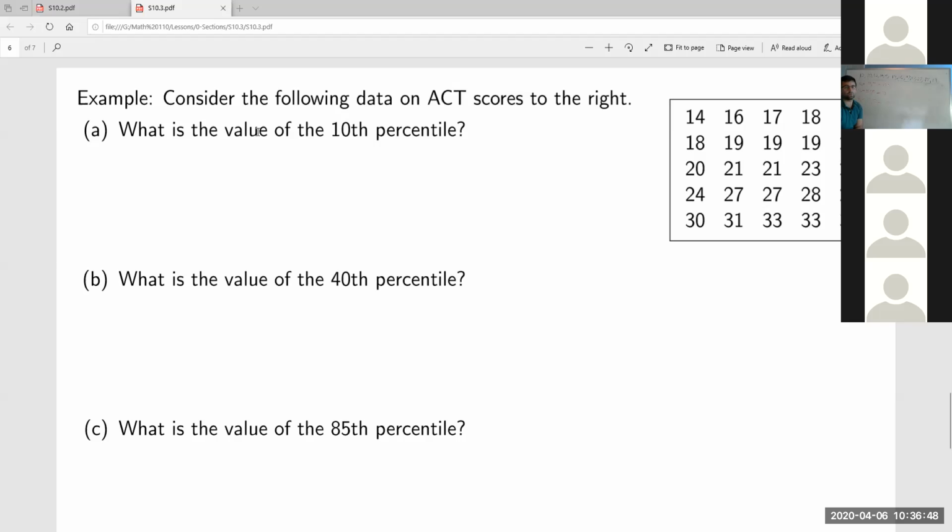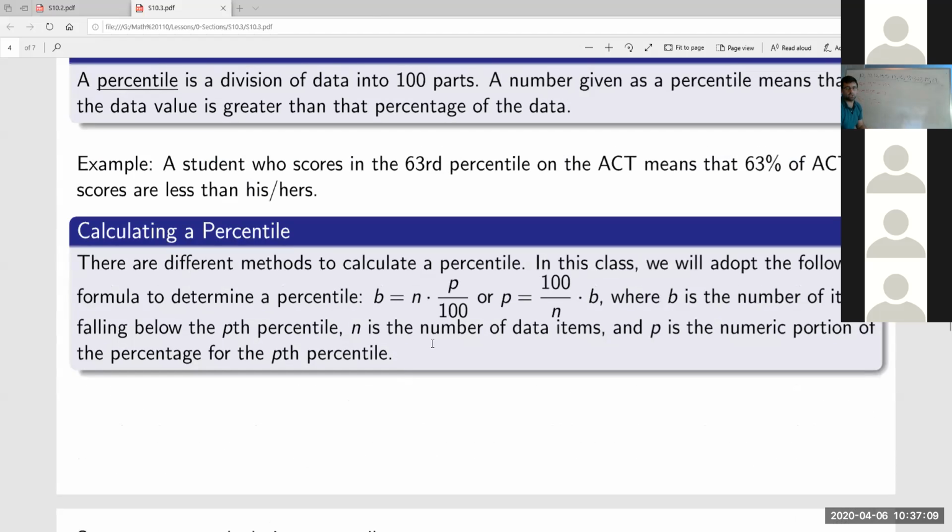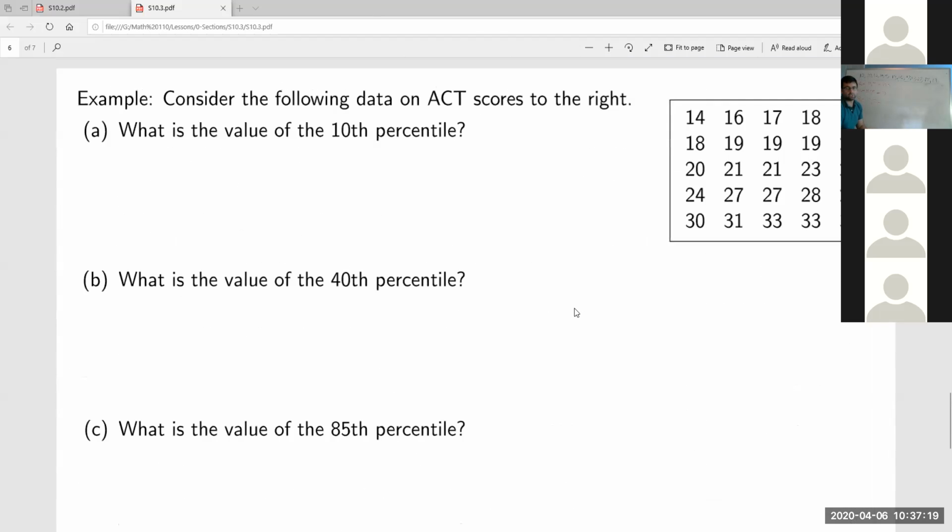So consider the following data on ACT scores. What is the value of the 10th percentile? Okay. So looking at our equation, P is 100 over N times B. So, hold on.